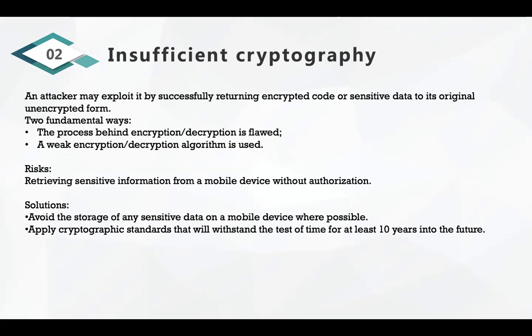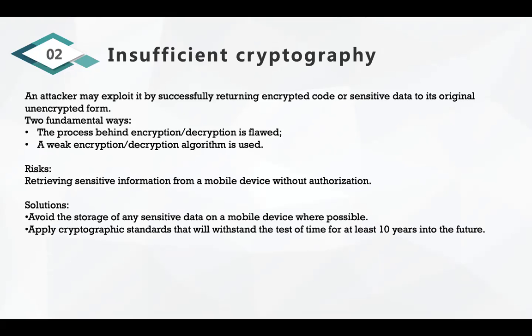There are two fundamental ways that broken cryptography is manifested within mobile apps. First, the app may use a process behind the encryption or decryption that is fundamentally flawed and can be exploited by the attacker to decrypt sensitive data.